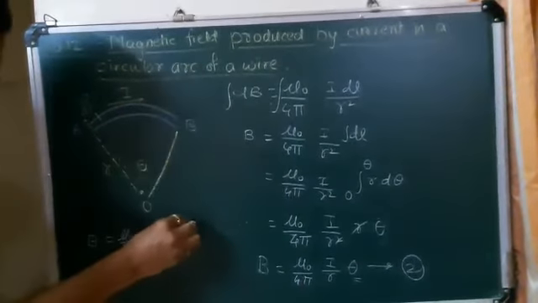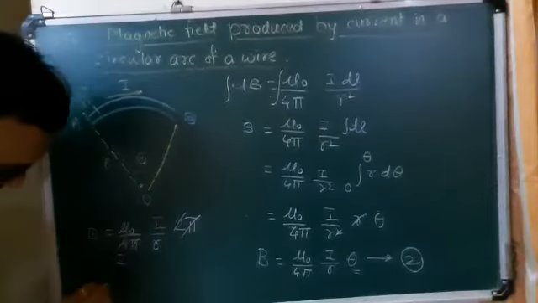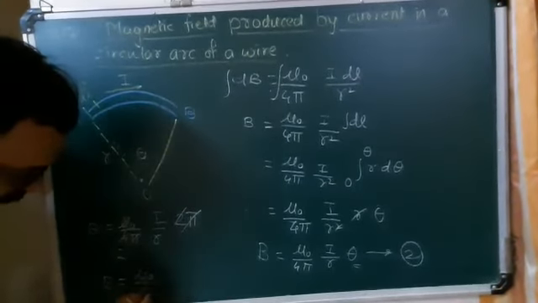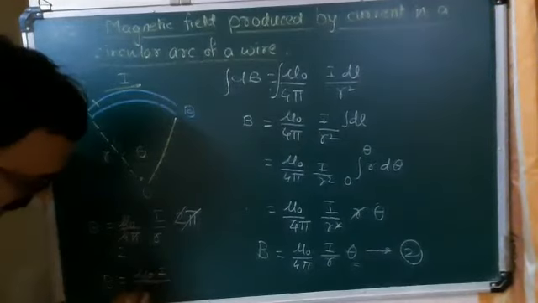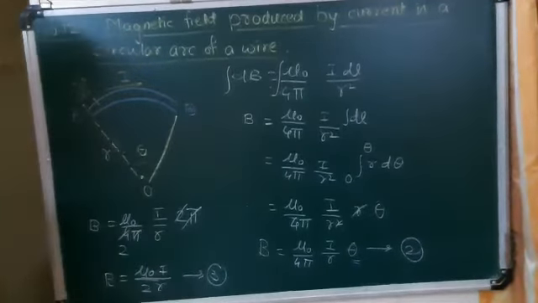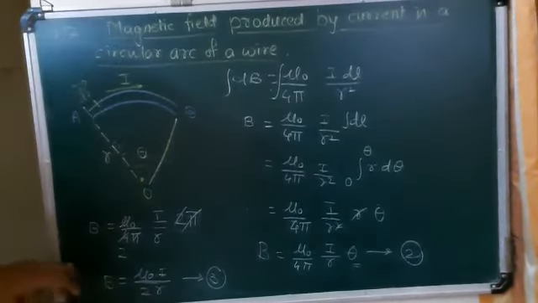Then the 2 pi will get cancelled with the 4 pi, and the magnetic induction will be mu 0 I upon 2R. This is the equation for the magnetic field of induction at the center of a coil.